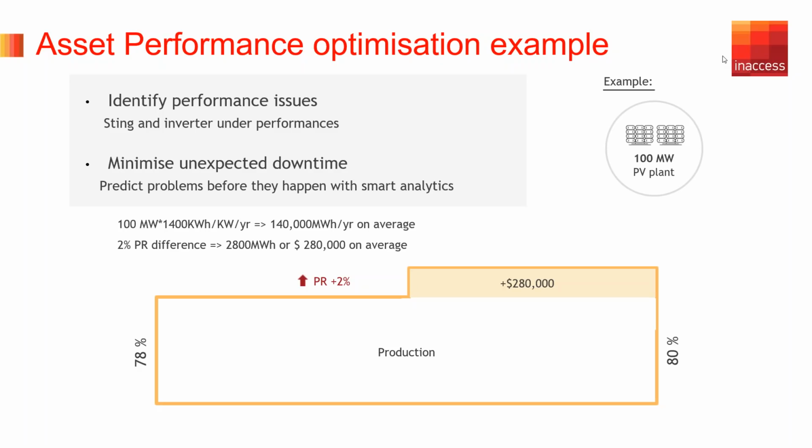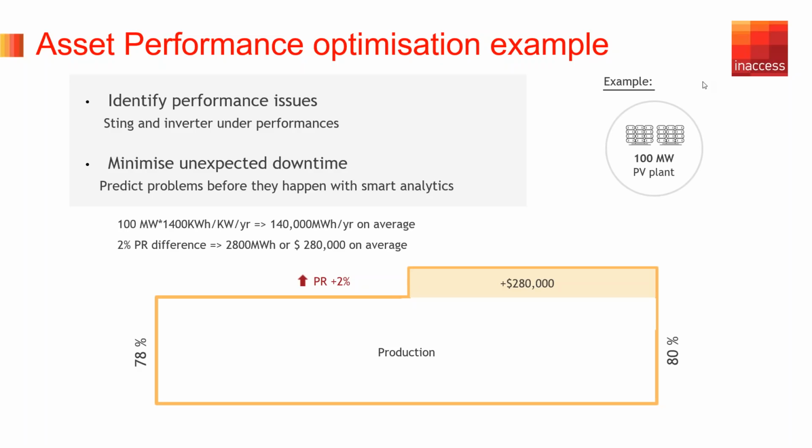So imagine in a 100 megawatt plant, if you achieve a 2% increase of the PR, let's say from 78% to 80%, which is not something so difficult, all with identifying performance issues with string and inverters and minimizing the expected downtime, this can be easily achieved.